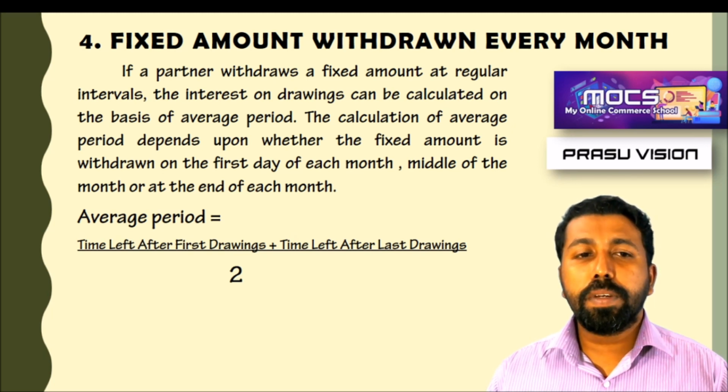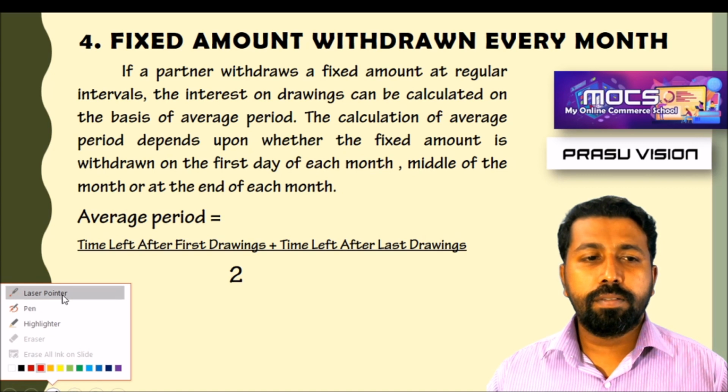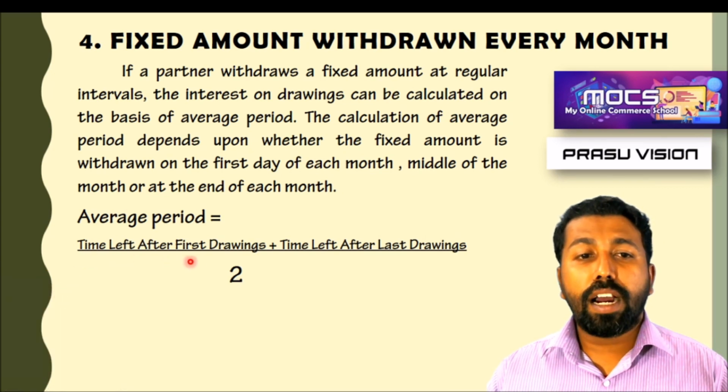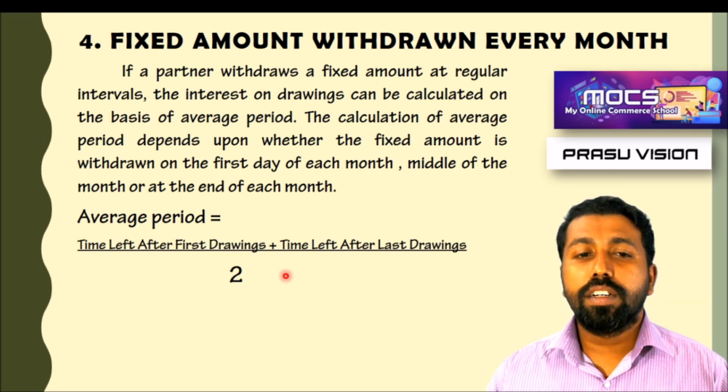So the average period is calculated using this formula: time left after first drawings plus time left after last drawings, divided by 2.